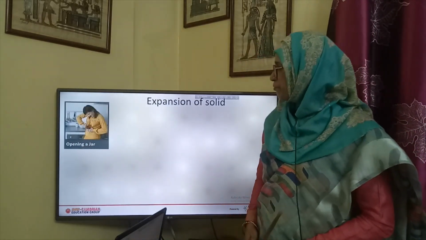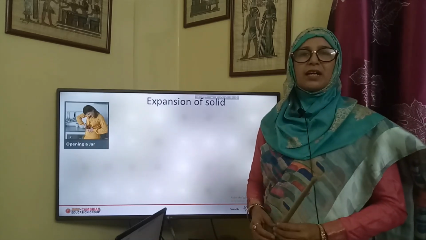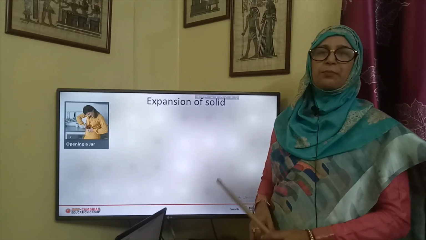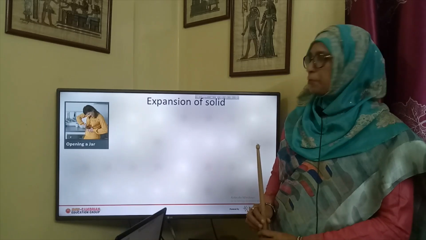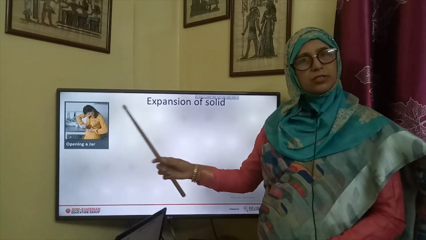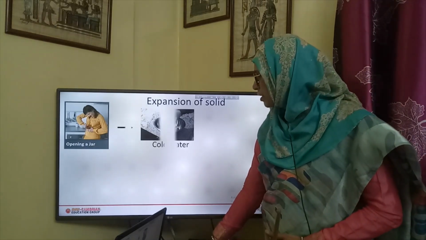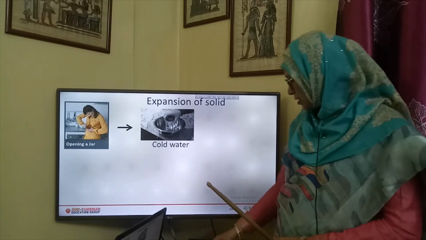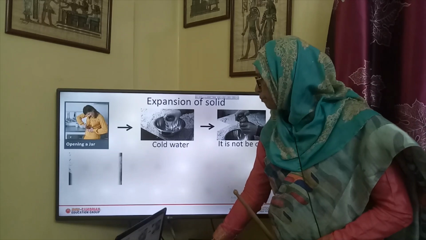So first see, she is trying to open a jar. Pickles, sauces or other containers are tightly packed, and this is not easy to open. But when he drops this container in cold water, it cannot be opened.